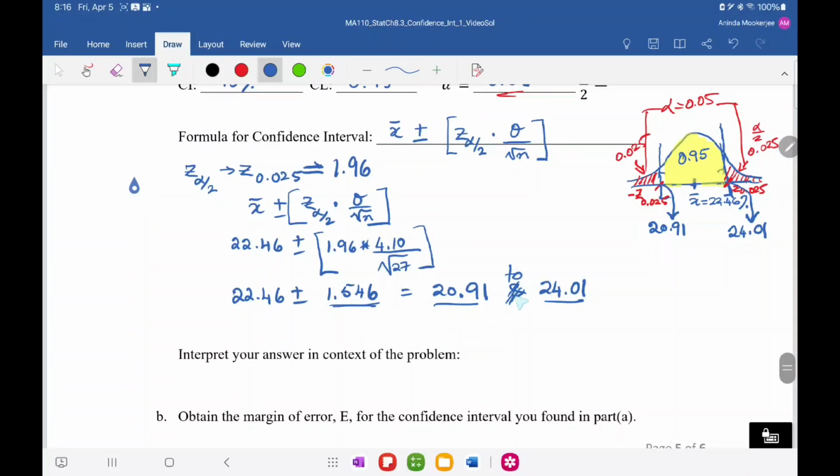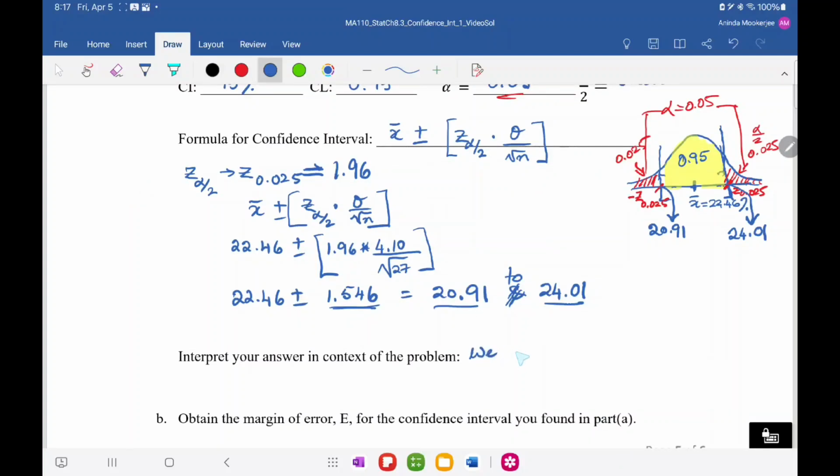Now we have to interpret the answer that we found in context of the problem. Okay, you always have to begin with "we can be 95% confident". So you have to qualify your interval.